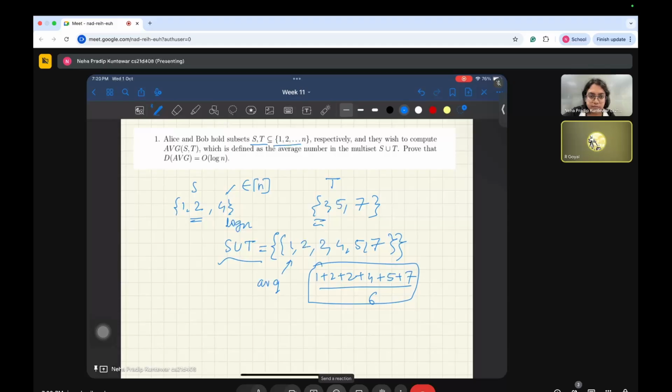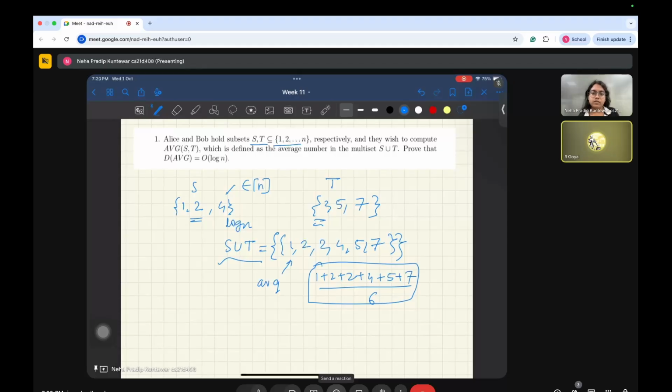So what could be the cardinality of the set S which Alice may send to Bob? Is it necessary that the subsets would be of finite length? Since they have given that both S and T are subsets of 1 to n, they are of finite length.